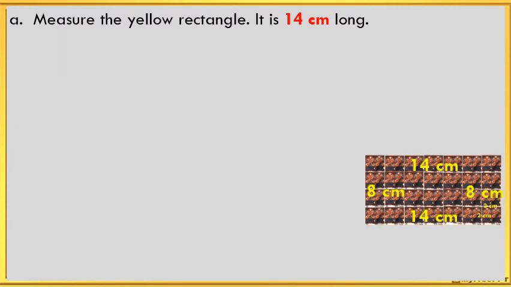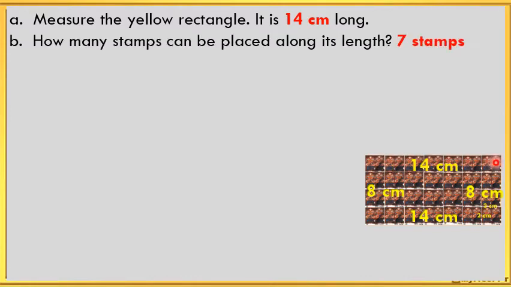Now answer the following questions. A. Measure the yellow rectangle. Children, we have already measured with scale. It is 14 centimeters long. B. How many stamps can be placed along its length? Children, that also we have seen. We can place 7 stamps along its length.